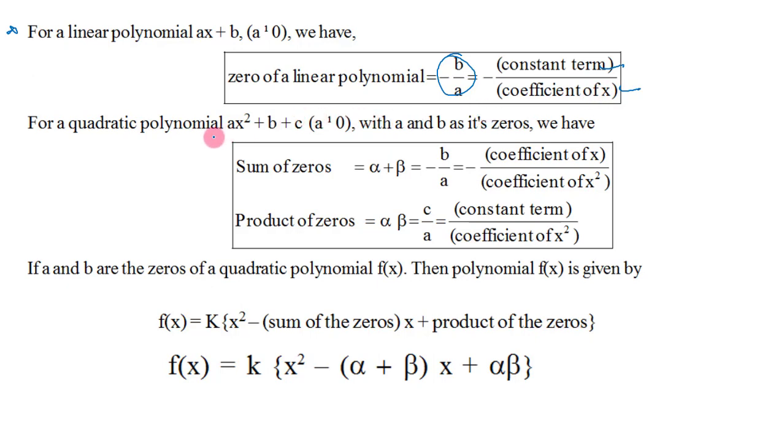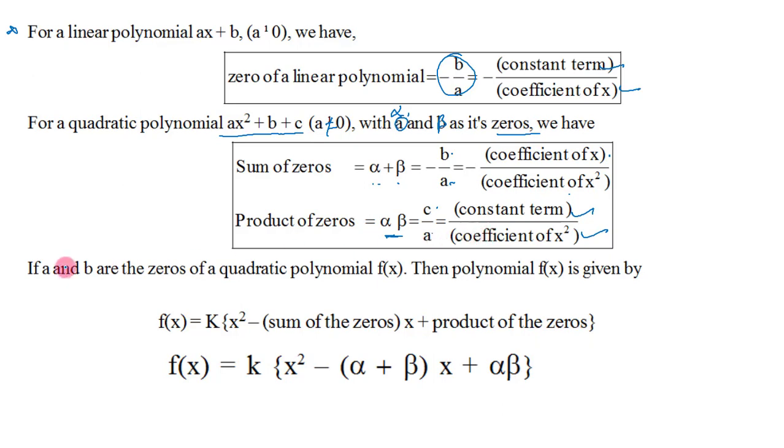And if you take a quadratic polynomial ax square plus bx plus c, where a is not equal to 0, with alpha and beta as the zeros of this polynomial, then the sum of the zeros, alpha plus beta, is equal to minus b by a, that is, minus coefficient of x by coefficient of x square. And the product of zeros, alpha into beta, is c by a, that is, constant term by coefficient of x square.